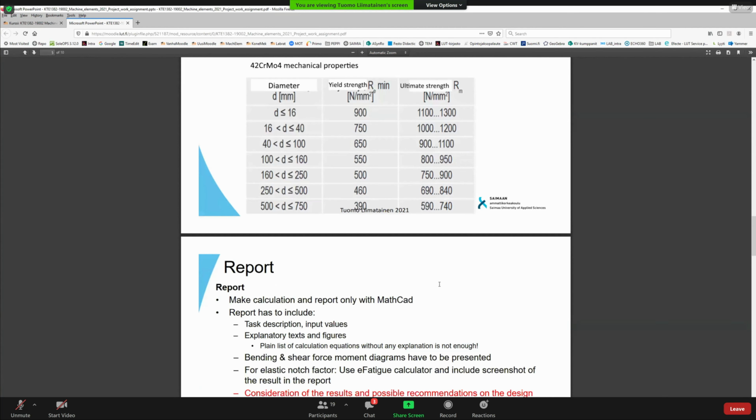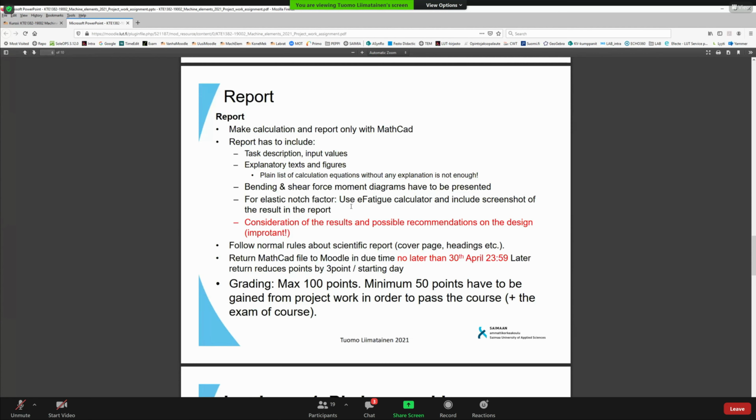And from this calculation, you will need to do a report, and I will advise you to do the calculation only with MATCAD, because the calculation is such that you have to define the diameters. If you do it by hand, you will have to do the calculation many times, because the calculation requires iteration.